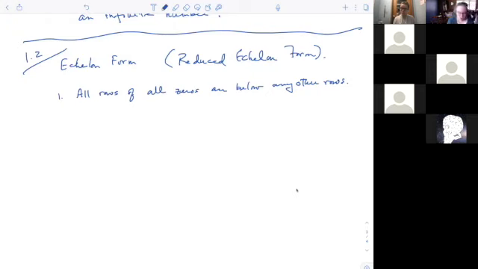So if you have a row that turns out to be all zeros, you move it down to the bottom of the matrix.